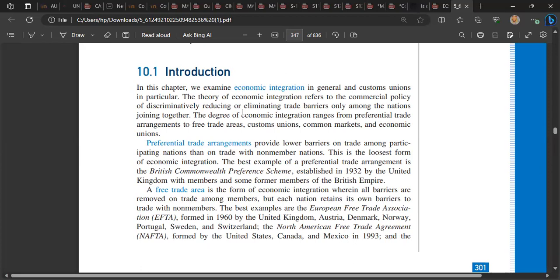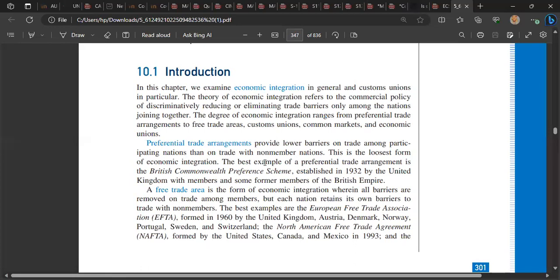There are agreements between certain countries which lower such trade restrictions between them, and then it becomes a preferential trade arrangement.